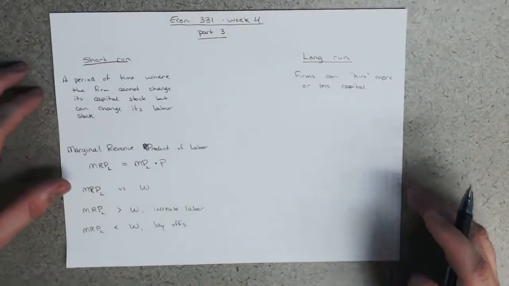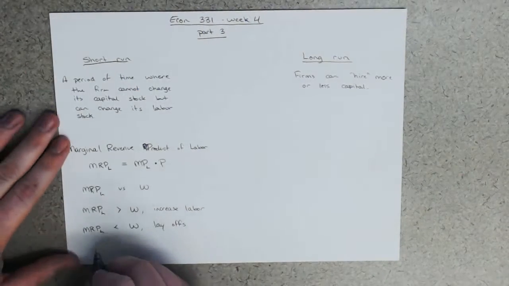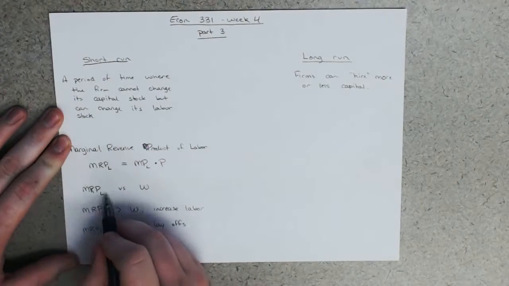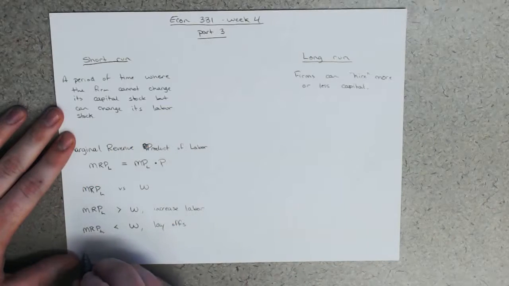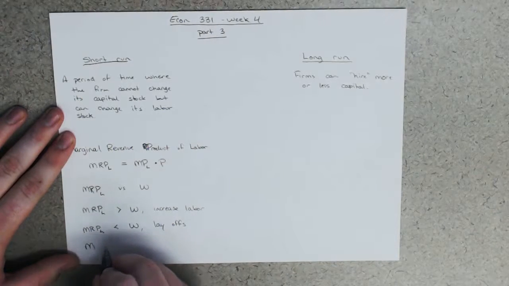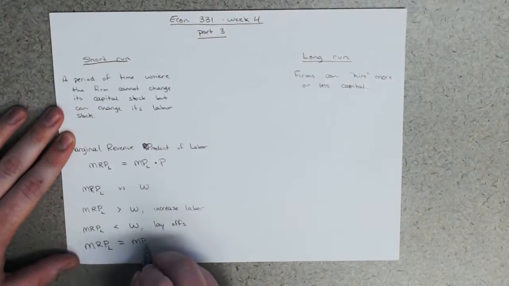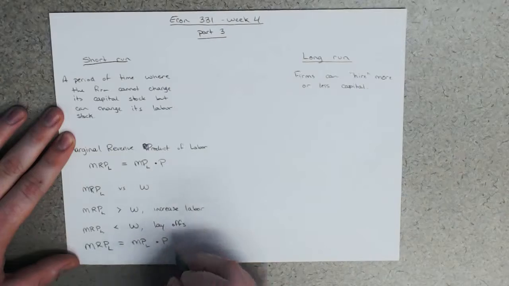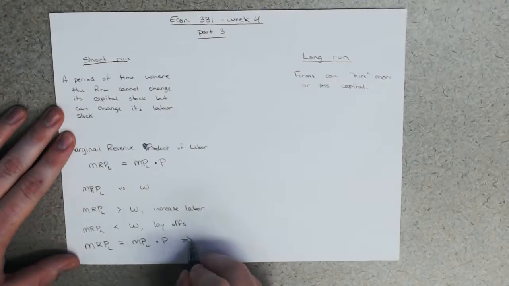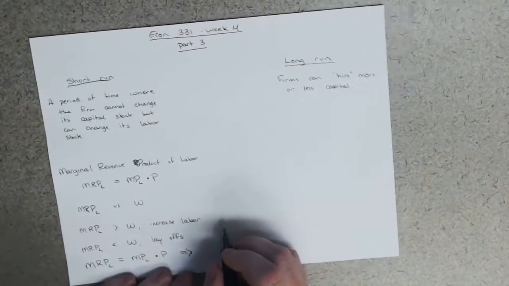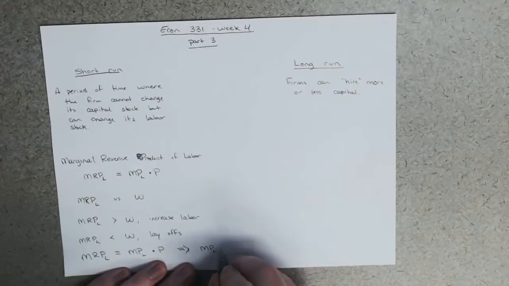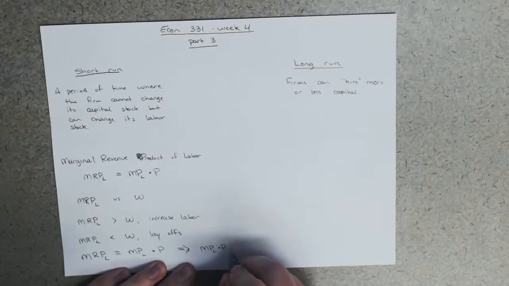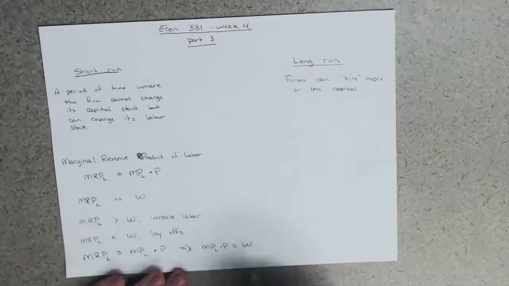Okay. Now, what we can also do is some fun stuff. We can say, since MRP sub L is equal to the marginal productivity of labor times the price, MRP sub L equals MPL times price, which means that we can also say MP of L times price equals W, right, in equilibrium.